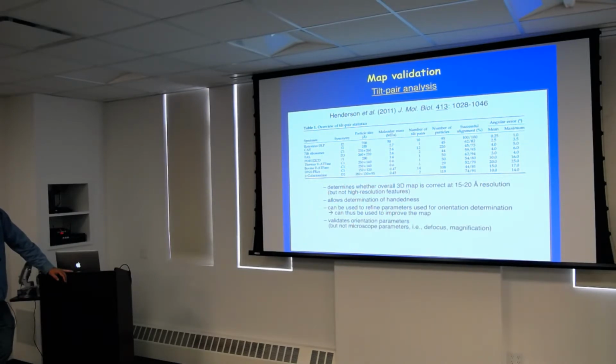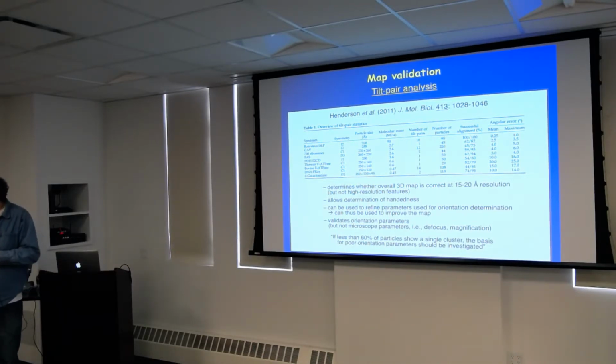So it validates the orientation parameters, but not the EM parameters, and so you can actually use this to improve the map. And then the guideline they came up with is that if 60% of the particles are clustered in a certain area, then you consider your map to be reliable.